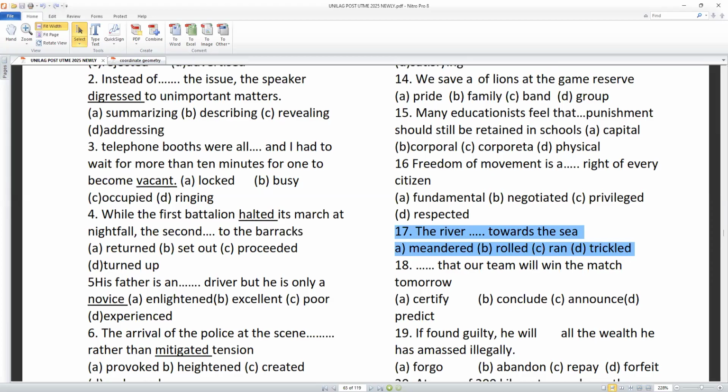What's the answer? All right, please. What's the answer? Run.